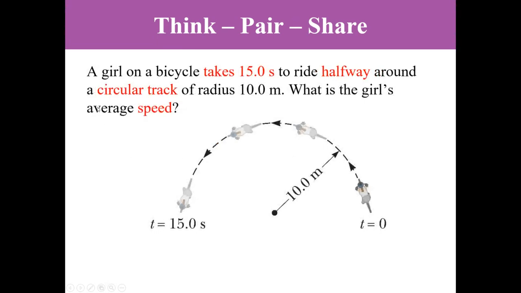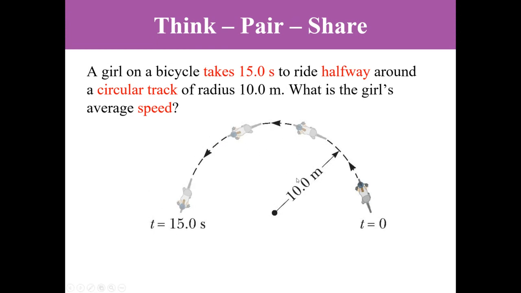Another example. A girl on a bicycle takes 15 seconds to ride halfway around a circular track of radius 10 meters. What is the girl's average speed? You remember the definition for speed?